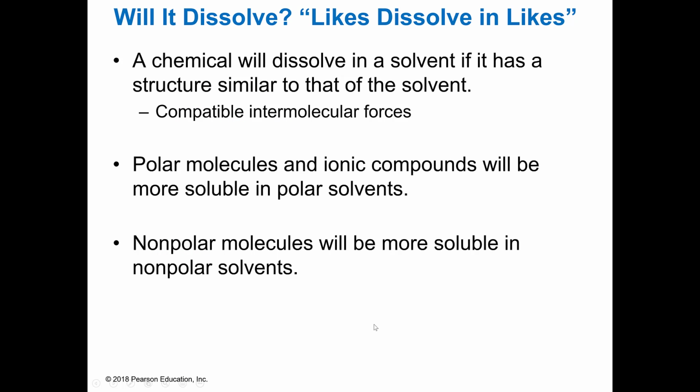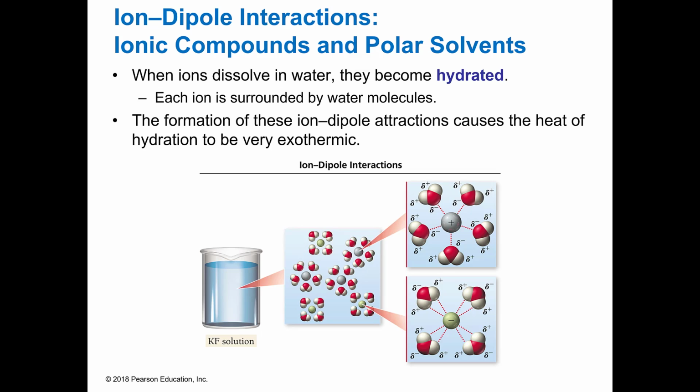So like dissolves like. Always remember, you have to have compatible intermolecular forces in order for this to happen. Polar and ionic are going to be soluble in polar solvents. Nonpolar in nonpolar. I know I keep saying that over and over again, but I do because it's super important. You can't forget it.